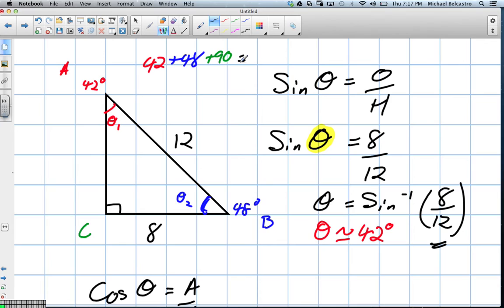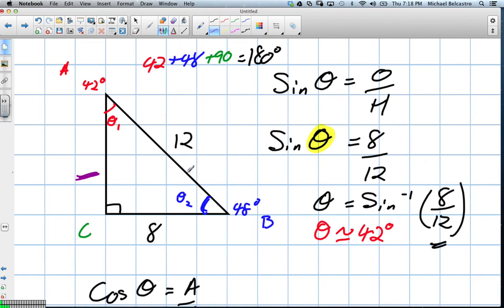It's right beside you. 180. Perfect. So, did we solve that correctly? Yeah, it worked.